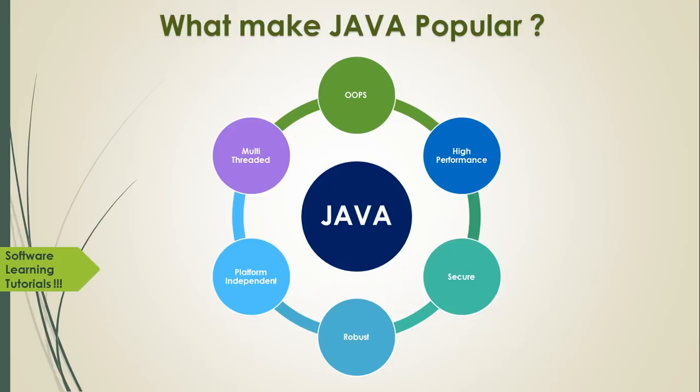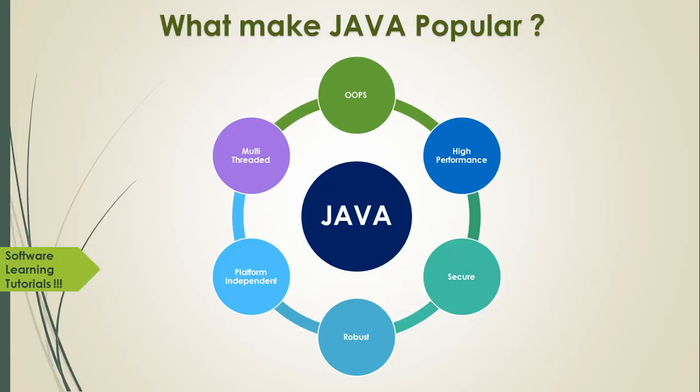But for me, these are the key components and key features for why I have chosen Java. Java supports the OOPS concept that we are going to talk about today in this presentation. It has high performance: whenever you write any code in Java, it gets converted to bytecode, which helps make the performance speedy when we work on any operating system. Java is very secure compared to other programming languages.